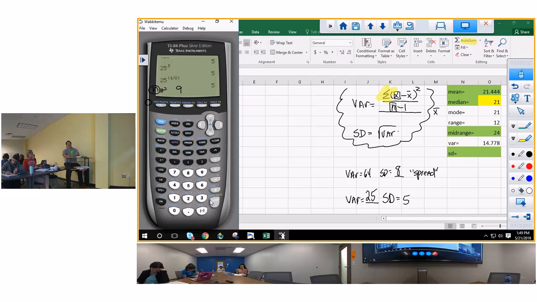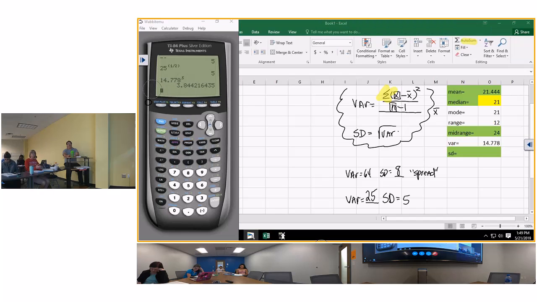All right, now take the square root of 14.788. So 14.778 raised to the 0.5 power. And then I'm going to go over here to check it, because I'm going to do it on the Excel spreadsheet.